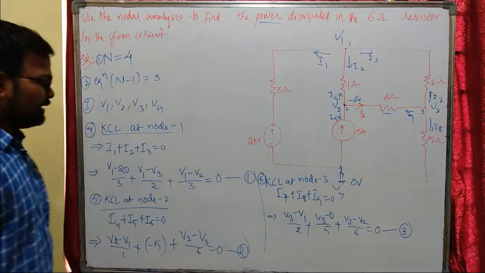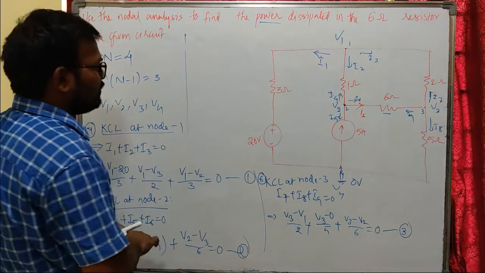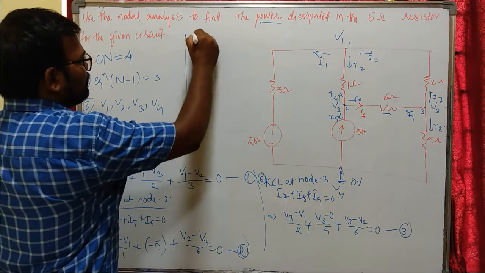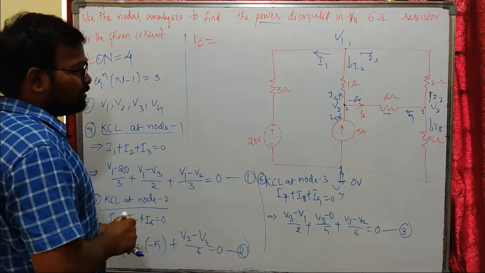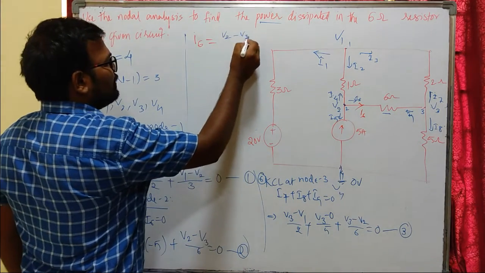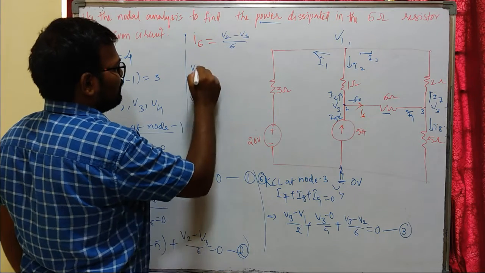So by solving these three equations, you are going to get the values of V1, V2, V3, so that you can calculate the current through the 6 ohm resistor and then the power dissipated across it. The current through the 6 ohm resistor is I6, whose value is V2 minus V3 by 6 ohm. So you need to find V1, V2, V3 first.